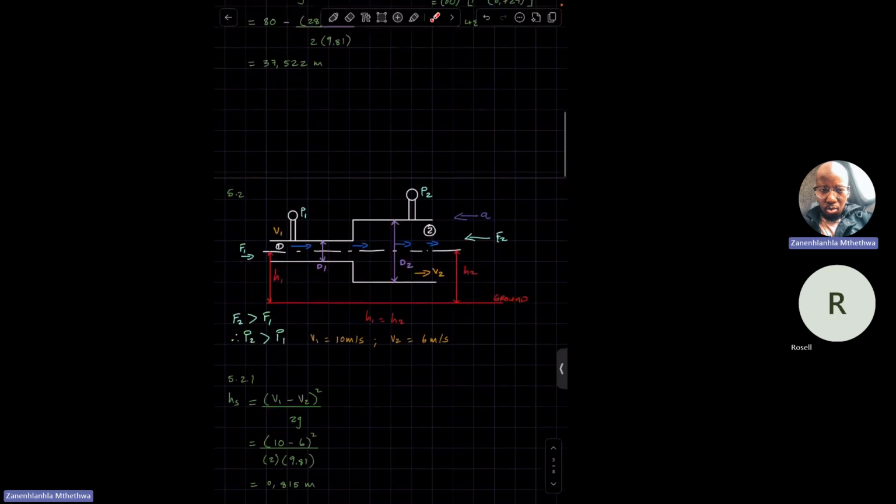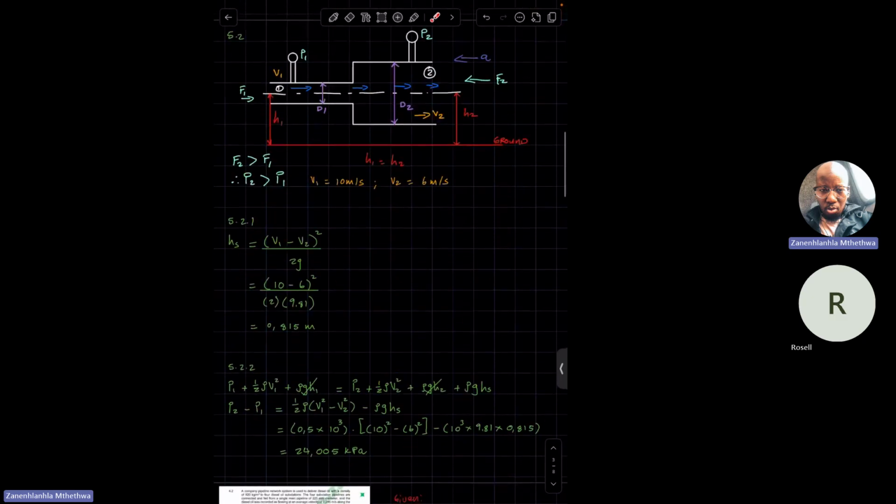And then they want us to calculate the pressure rise. The pressure rise will be the difference in pressure between the 2 points. This here is how essentially you do that.